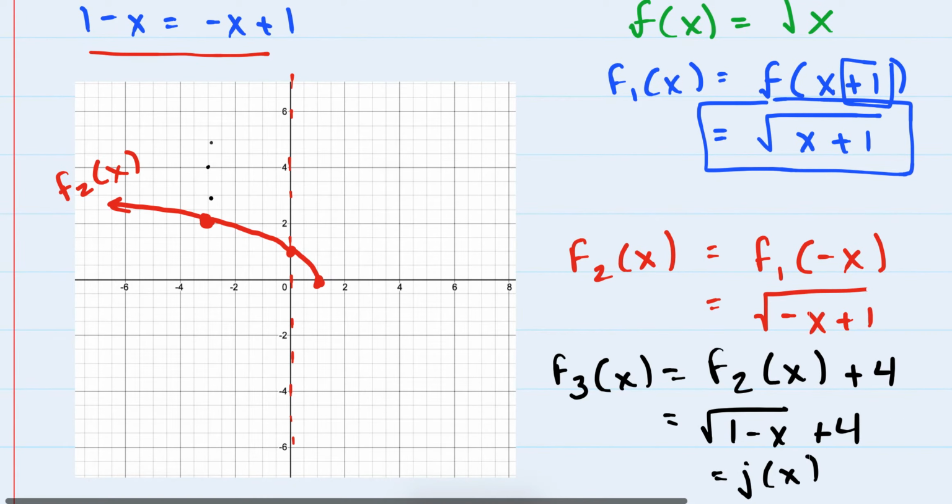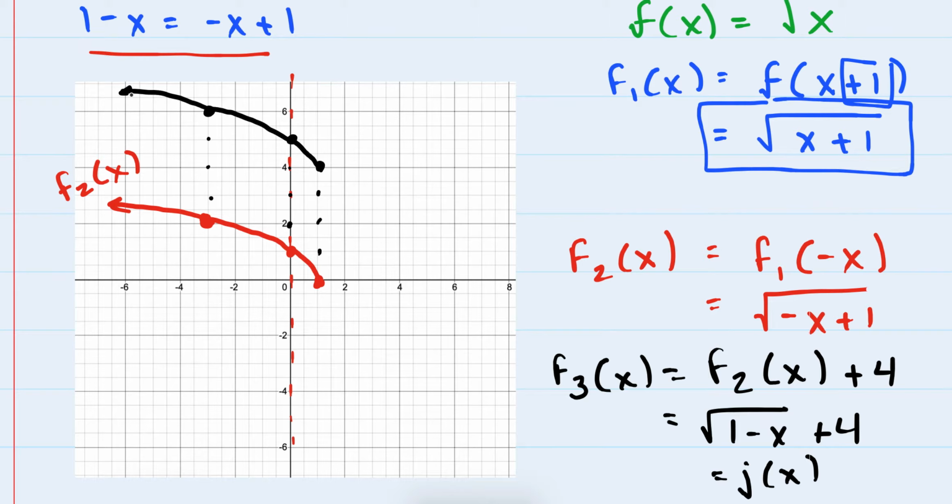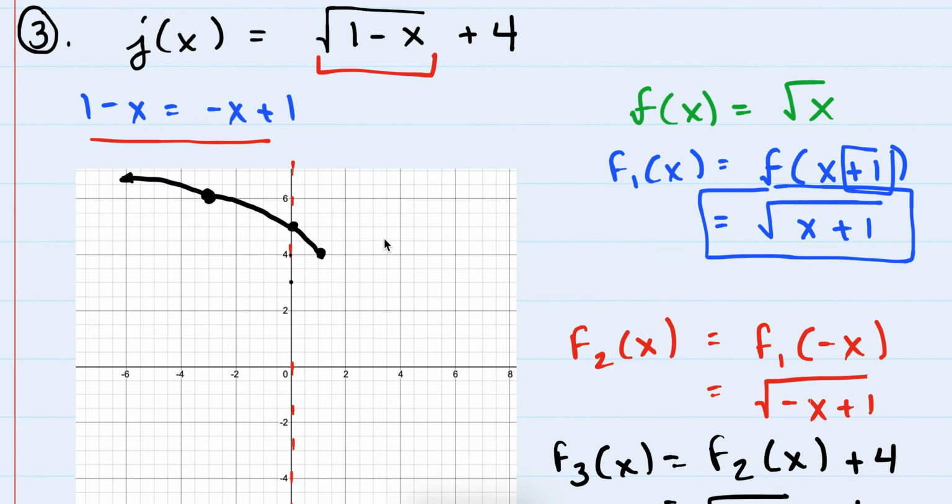So 1, 2, 3, 4. 1, 2, 3, 4. And 1, 2, 3, 4. And then we connect them. And we can erase this, and we can call this function j of x.